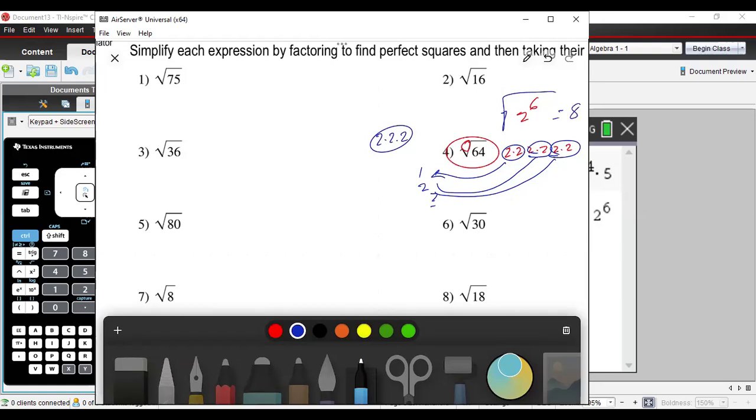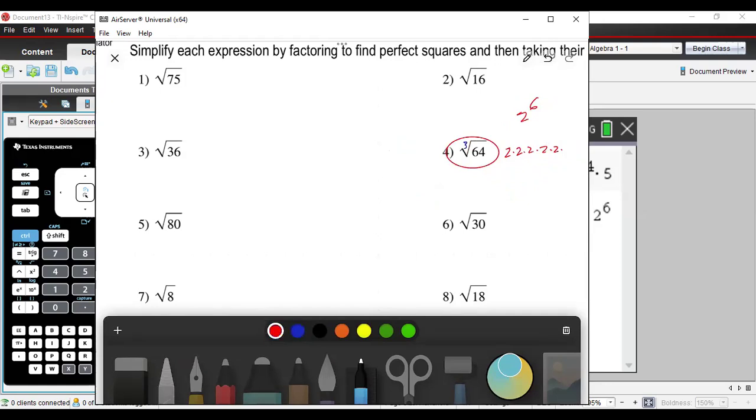Now, I'm going to back up. What if it was the cube root of 64, right? What if instead of square root, this was a 3? So it's the same thing. We're still going to be 2 to the 6th power, but now instead of looking for 2 pair, we're looking for 3 pair.